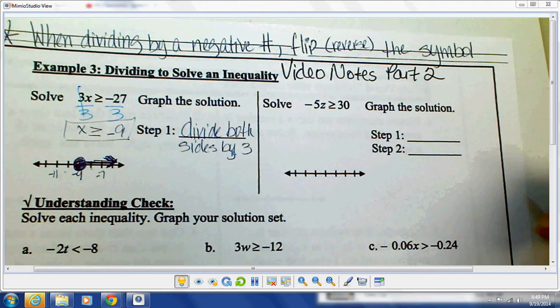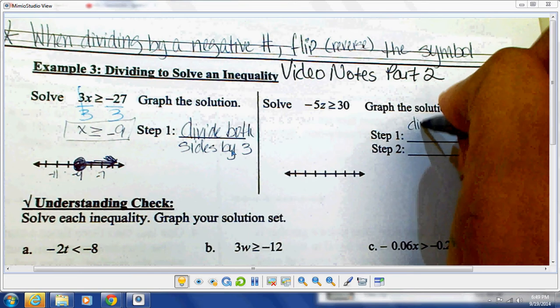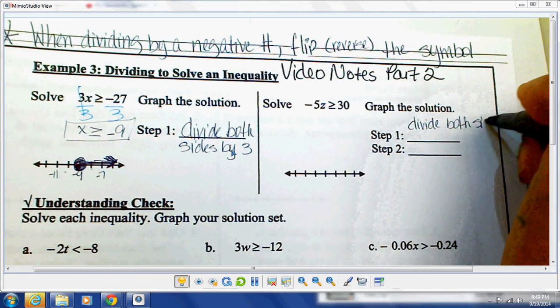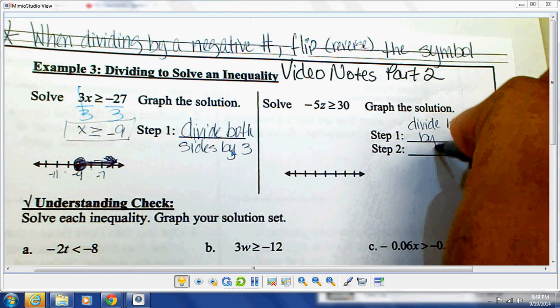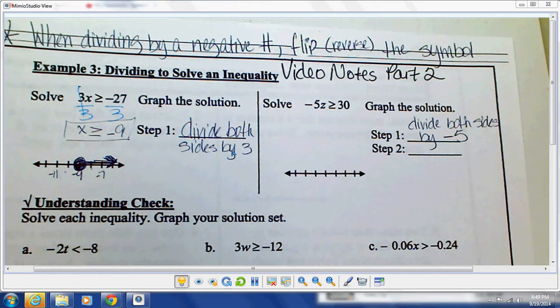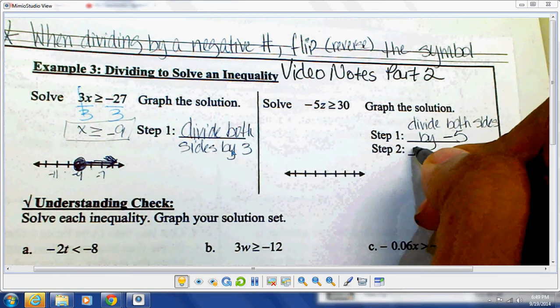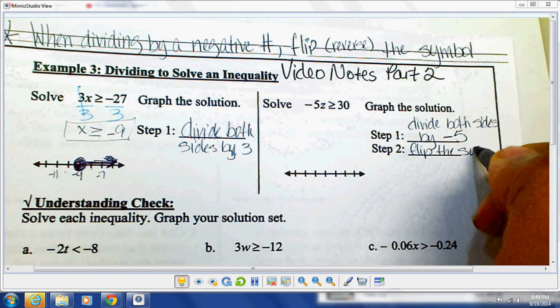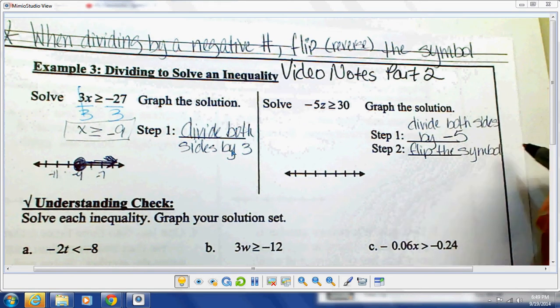So what we're going to have to do first is divide both sides by negative 5. So that means you know that step 2 should be flip the symbol, since we put negative there.